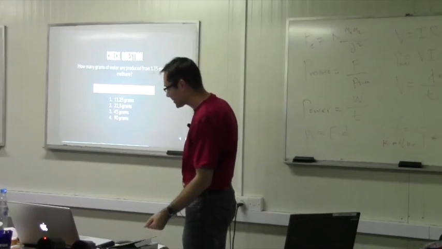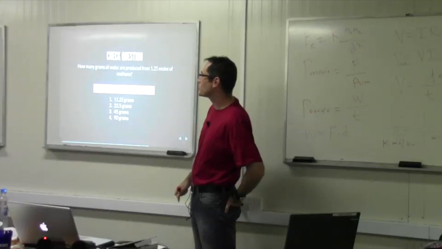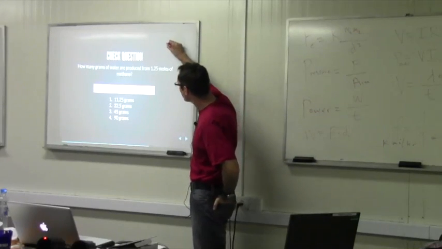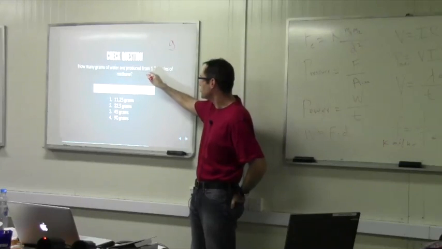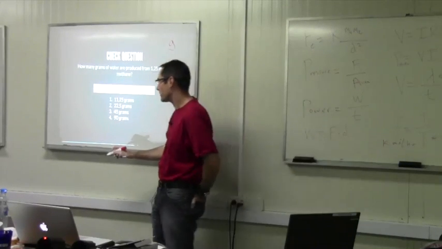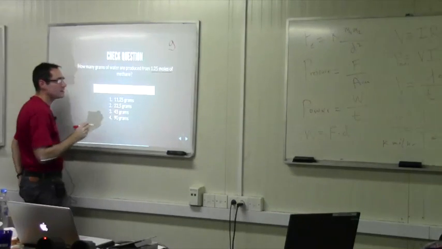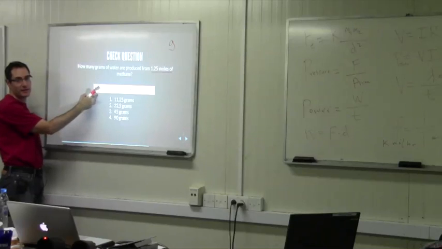Okay, you ready? Here's another question, similar. How many grams of water? So we're looking for grams of water. How many grams of water are produced from 1.25 moles of methane? And methane is CH4. Okay? So how many moles of methane do we have in this formula here?